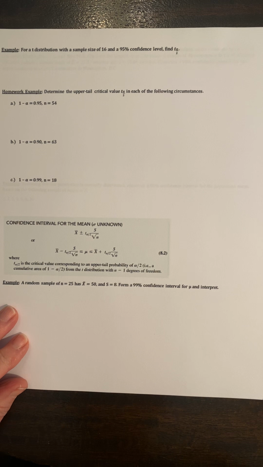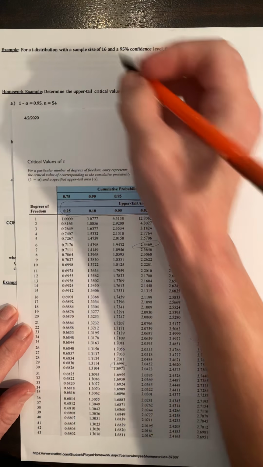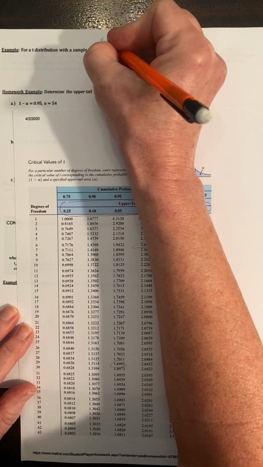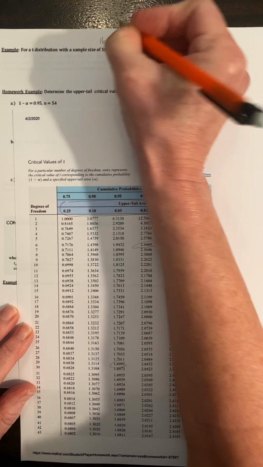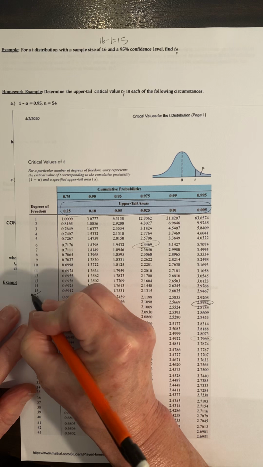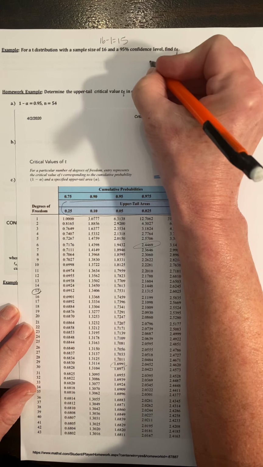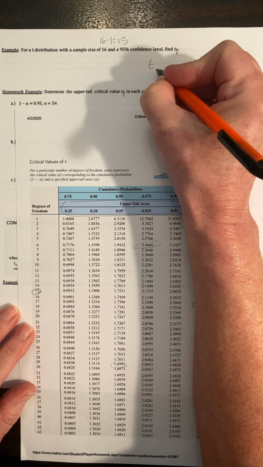Okay, let's just look at this first simple example. We're just reading the T chart. We have a sample size of 16, and so our degrees of freedom are going to be n minus 1. That's 15 degrees of freedom, so we're looking right here. Now, our upper tail area, we're finding T at alpha over 2.